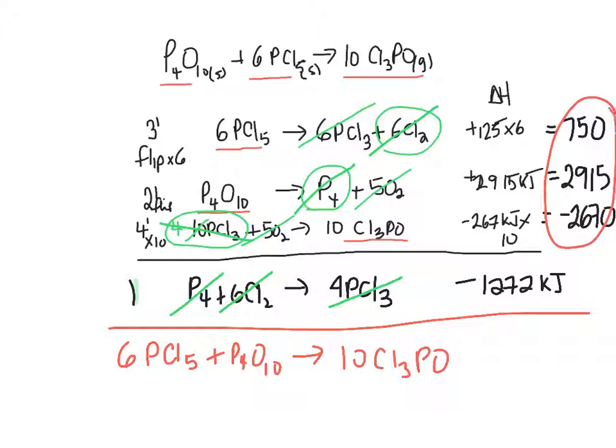So you're adding those numbers plus that number. So is it about minus 400, 300, 400? I get negative 276. Negative 276?